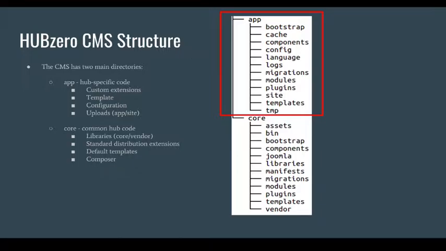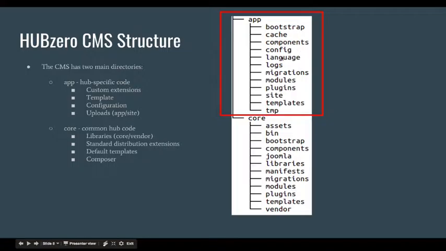Things that go in the app directory: custom extensions, so components, plugins, modules, and even migrations can go there. Each hub's individual template, if you are a template designer and want your own template that sets your brand apart, you would put it in this template directory. Configuration is in the app directory, so your database configuration, global settings, and other services that you might need.